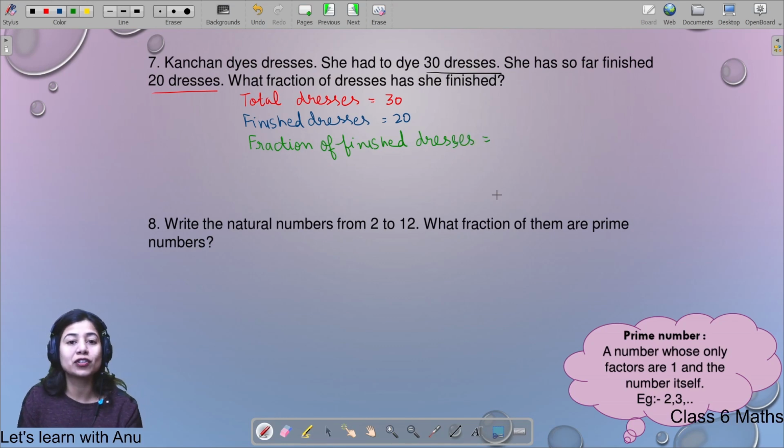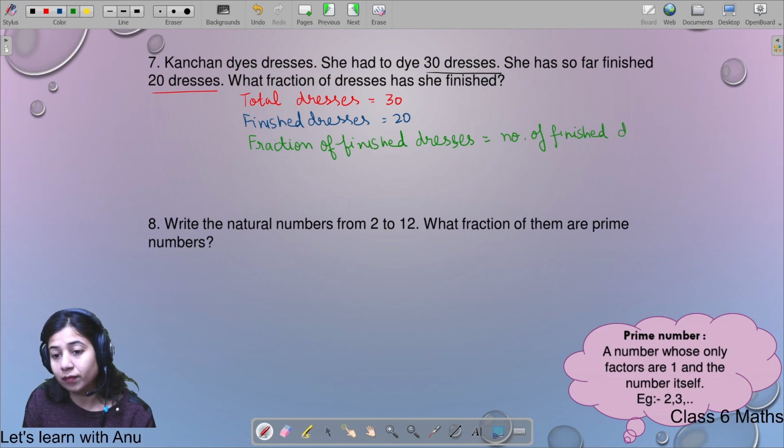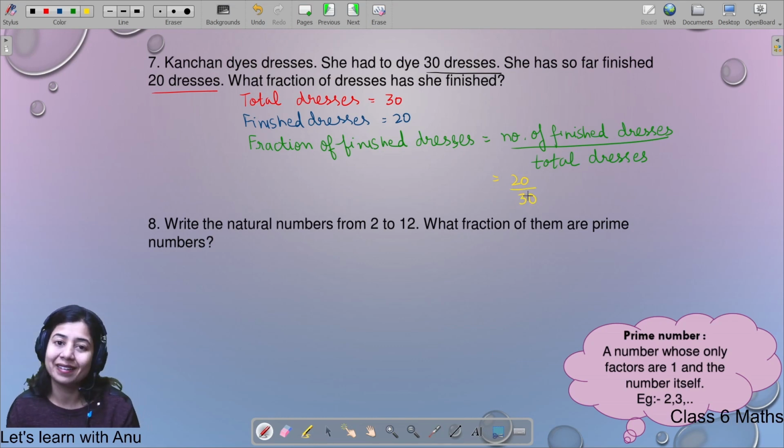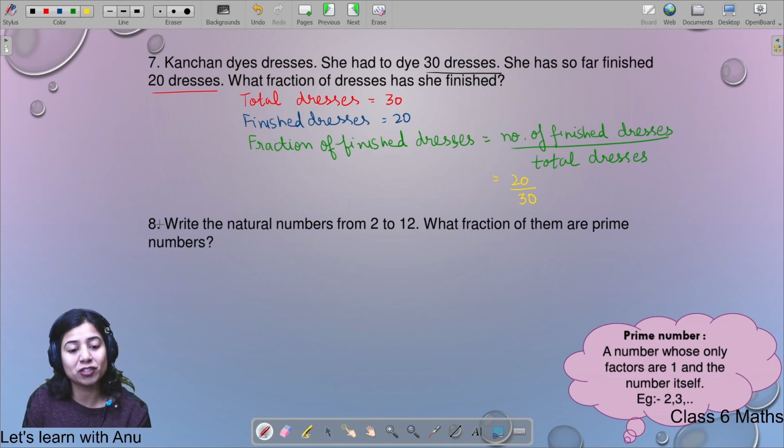Fraction of finished dresses is equal to number of finished dresses upon total dresses, right? Quite easy. So here the number of finished dresses is 20 and total dresses are 30. So the fraction will be 20 by 30. Moving to question number 8.